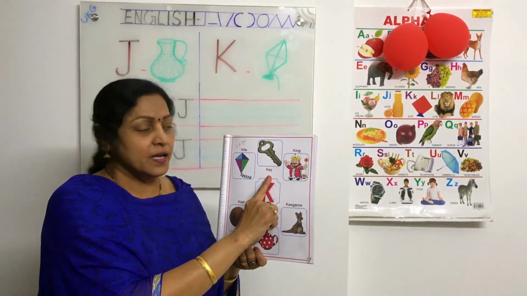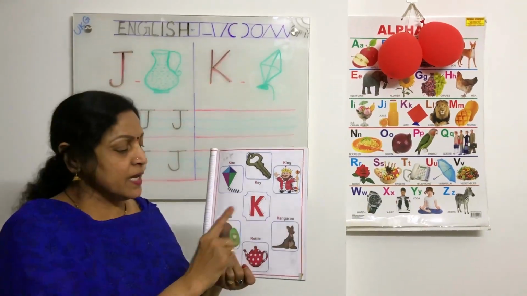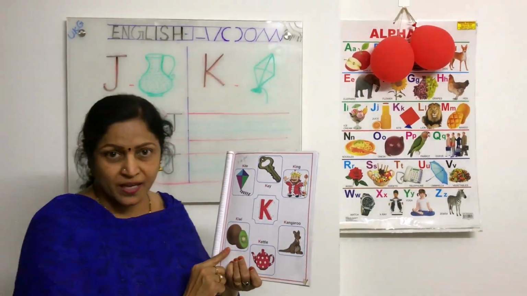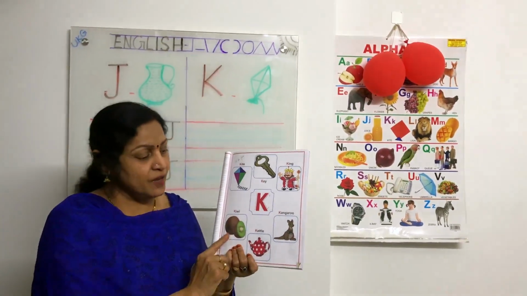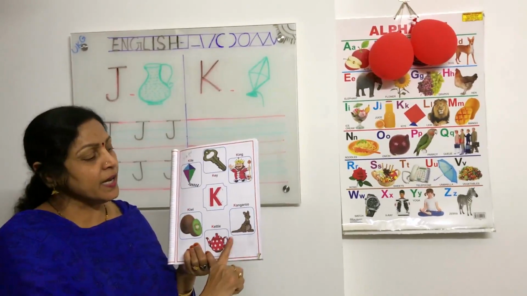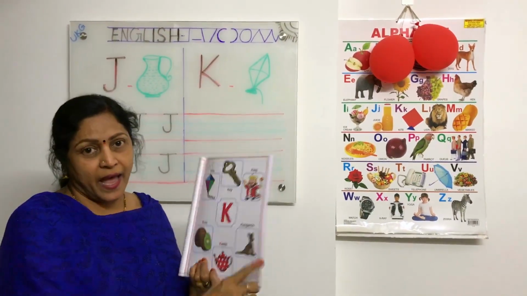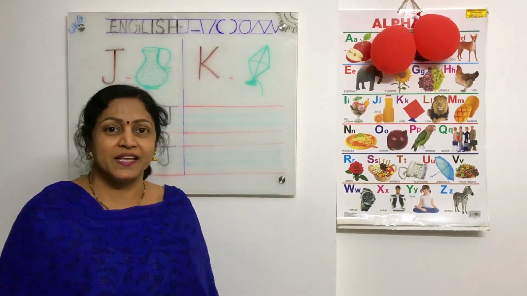K. K. Key. K is for king. K. K. King. K is for kiwi. K. K. Kiwi. K is for kettle. K. K. Kettle. K is for kangaroo. K. K. Kangaroo. What is the sound of K, children?